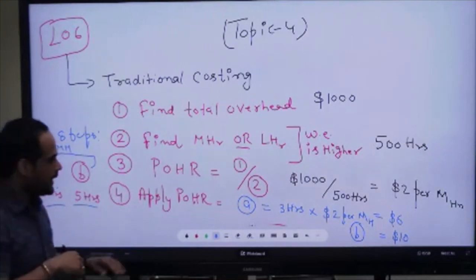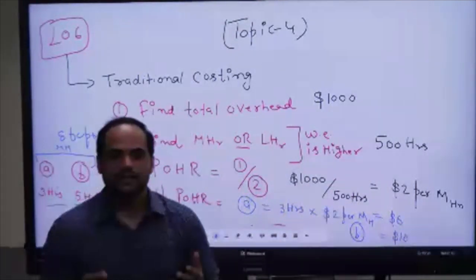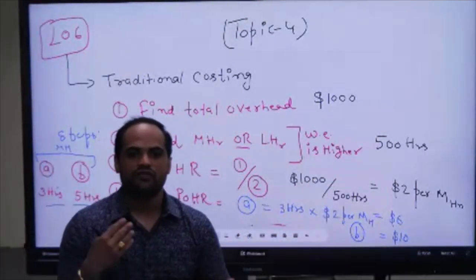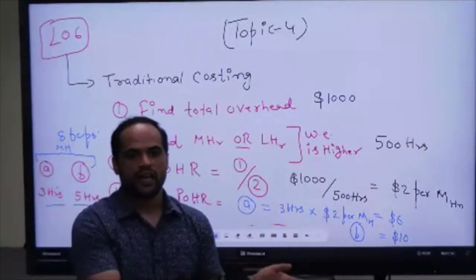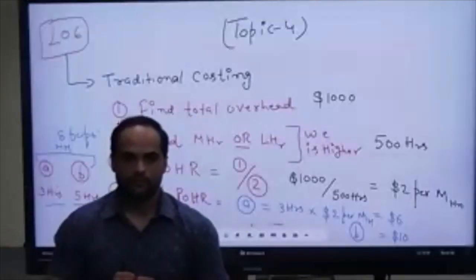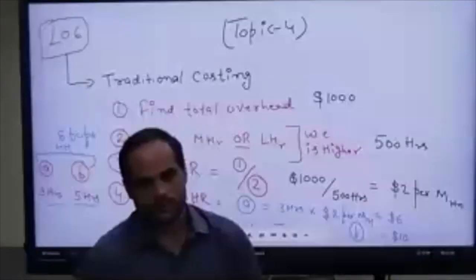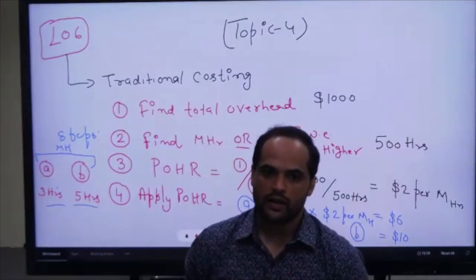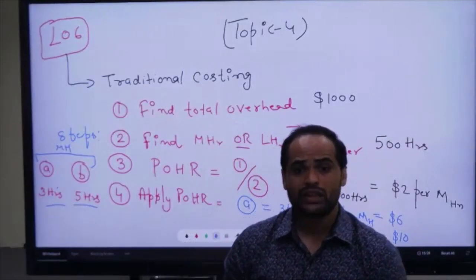If it's based on machine hours, then you find out how many machine hours are required to produce product A, B, C, D, or whatever. Don't be confused by multiplying machine hours with labor hours.